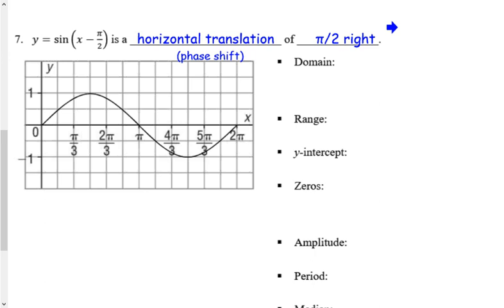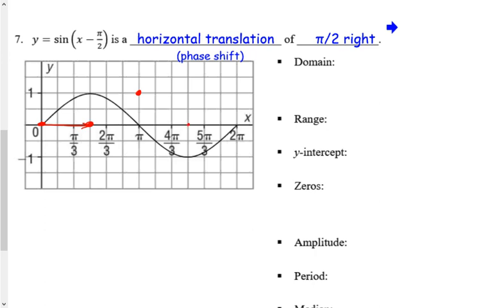So phase shift means this whole graph is moved to the right pi by 2, which means the point that used to be here will be half a pi, or pi by 2 to the right. So what I do is I find my first point, and then I just count grid lines and say, oh, so every point is 3 grid lines to the right. And then that's just simpler for my brain. I don't have to think about the scale so much anymore. So my maximum is 3 to the right.